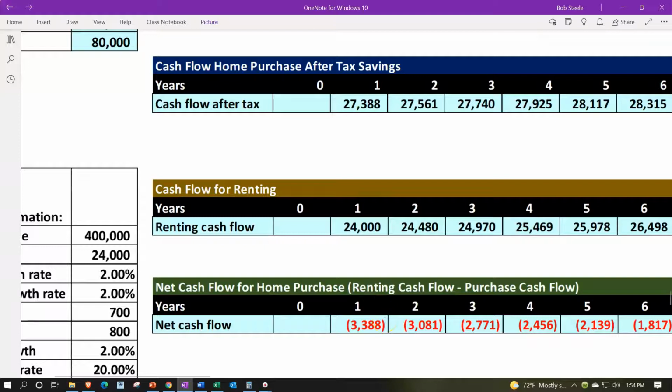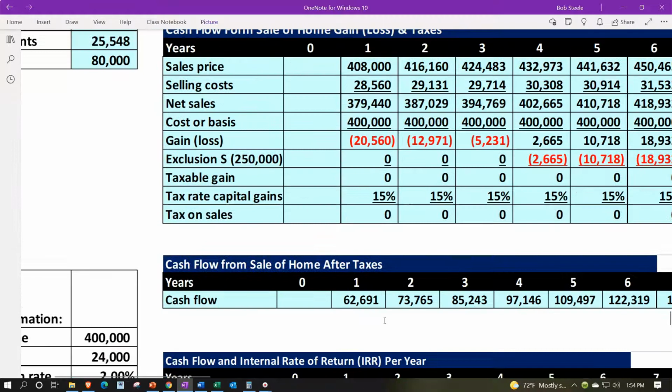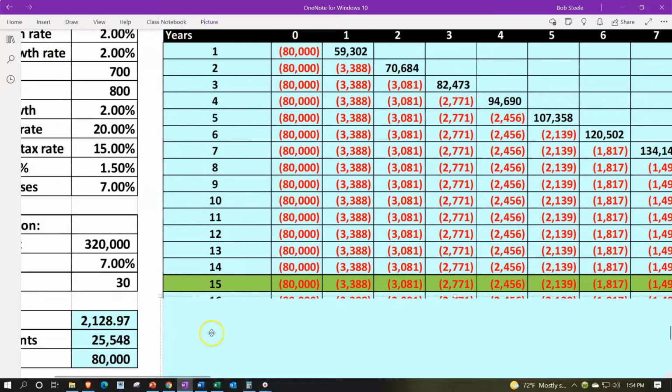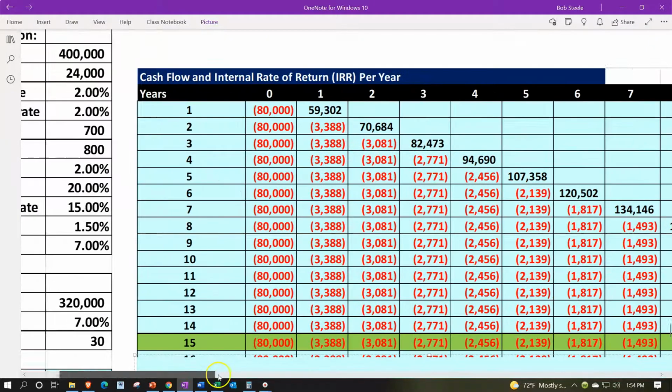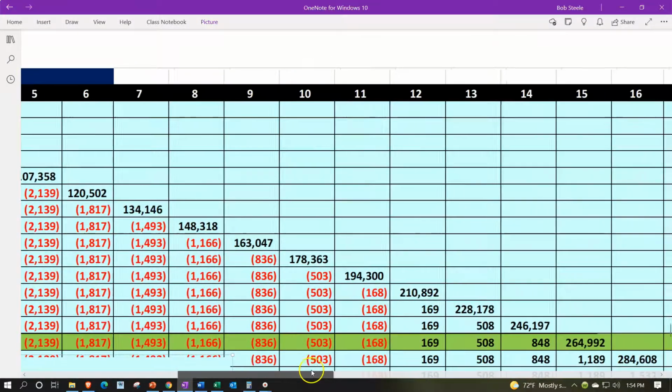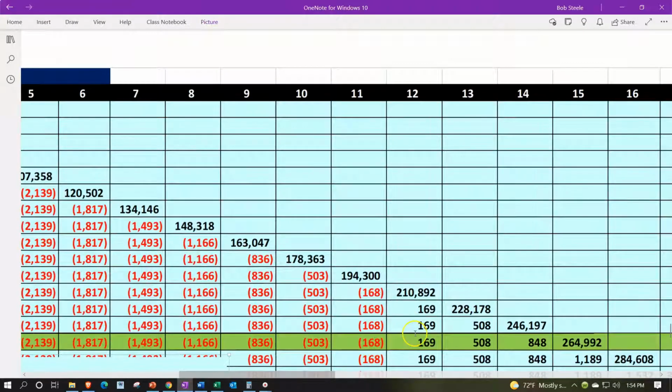And so I have a net cash outflow even after the initial investment. So I'm still paying money, but that will change around year 12, I believe it was. So we're paying more all the way out, and then it actually flips here in years 12, 13, and 14. In those years, I'm actually getting a cash flow benefit from the home purchase.